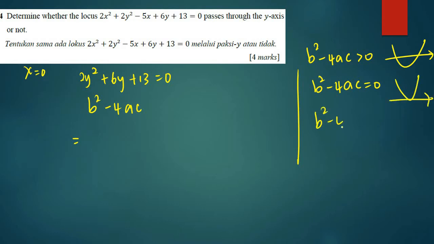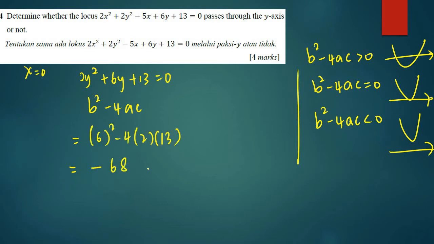When b power 2 minus 4ac is less than 0, it does not pass through. So substituting the values, we get negative 68, and knowing that, the locus does not pass through the y-axis.